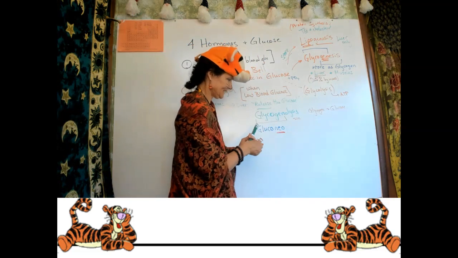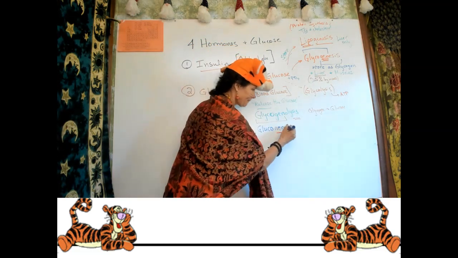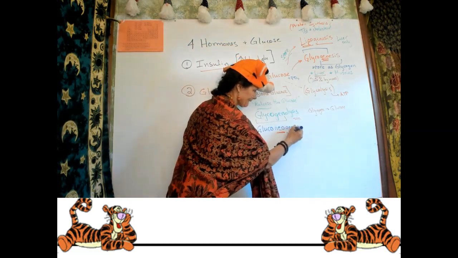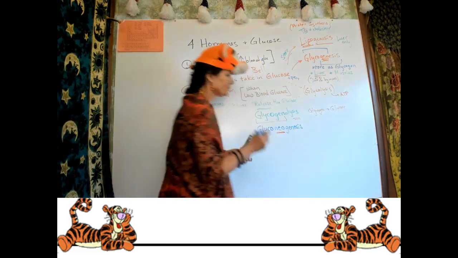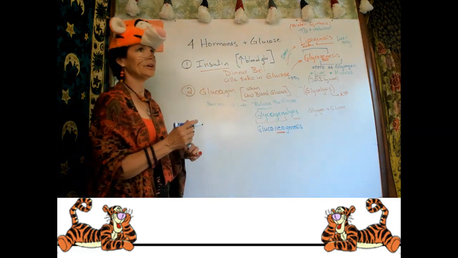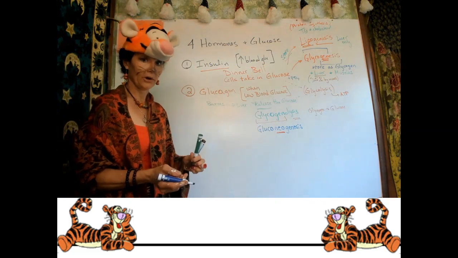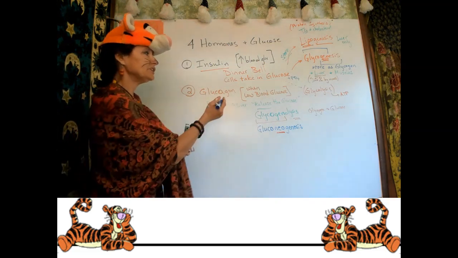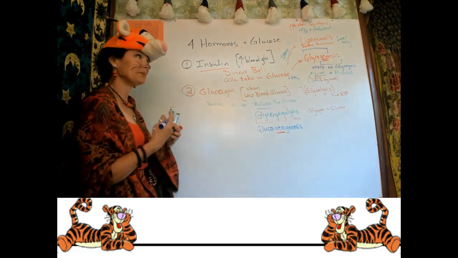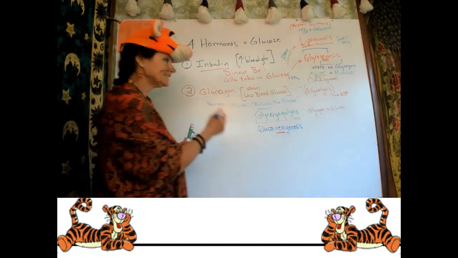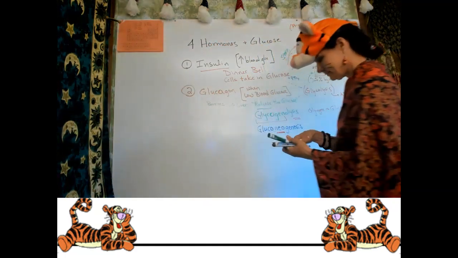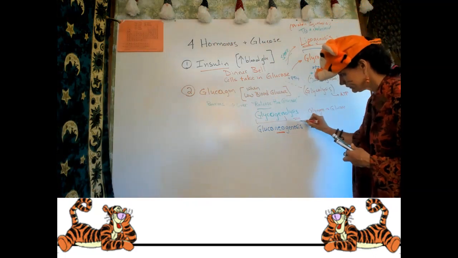And then genesis. So this is making glucose not from carbohydrates. So not breaking down glycogen, not breaking down starches in your food. This is new glucose.